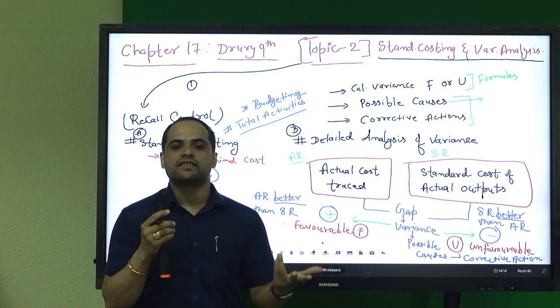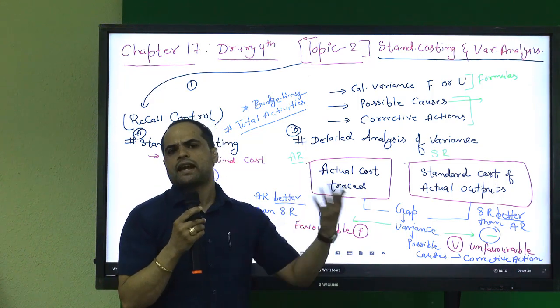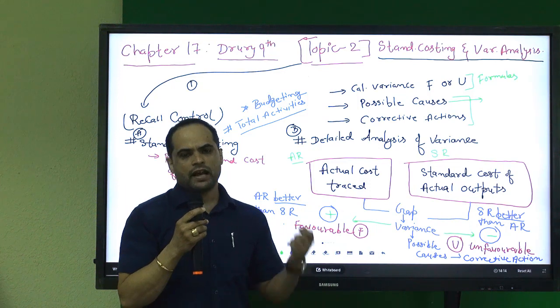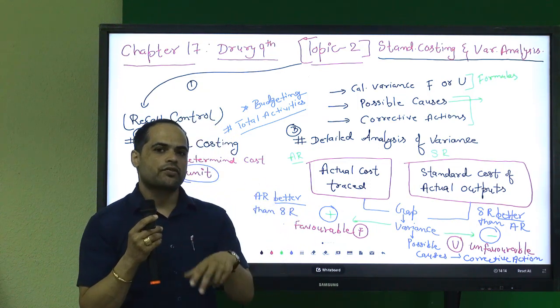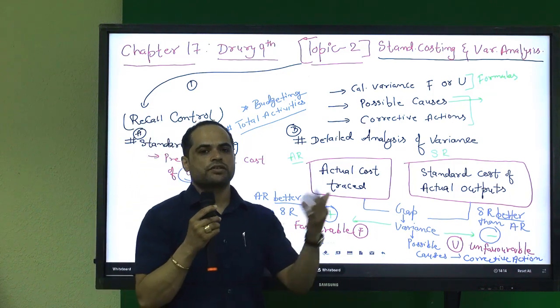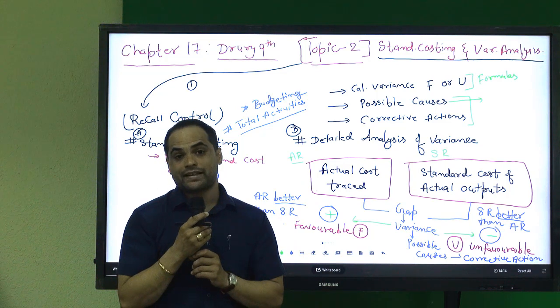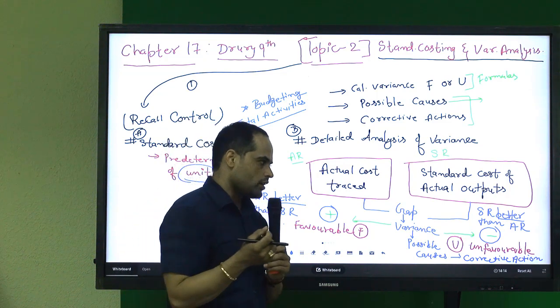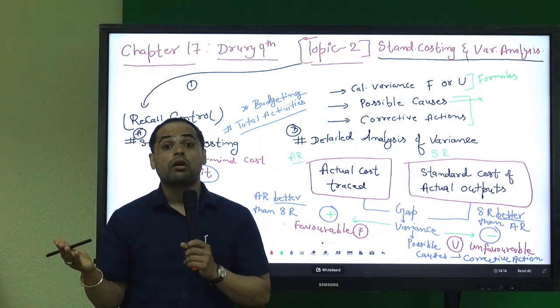So what are the reasons? The reasons could be many, which we will study at the end of the lecture, but I will give you a quick idea of why I am paying $2 extra. Let's say there are major changes in the labor law.